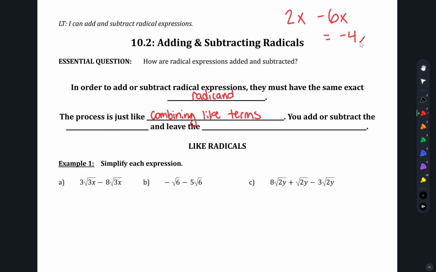Think about that process there. What we did was we added or subtracted the coefficients. The 2 minus the 6 gave us the negative 4. Did we change that variable x at all? Did anything happen to it? No, it stayed the exact same. So you add or subtract the coefficients and you leave the radicand the same.